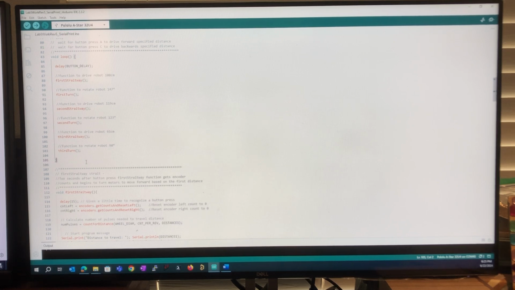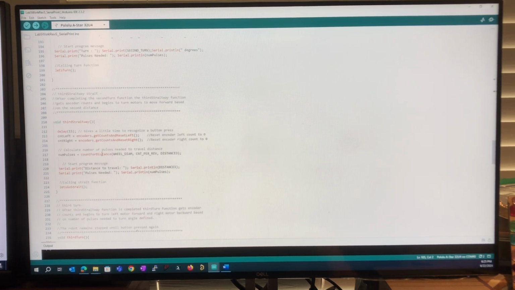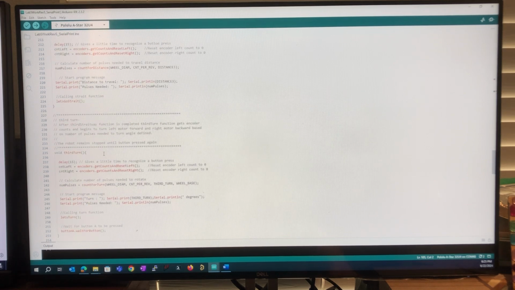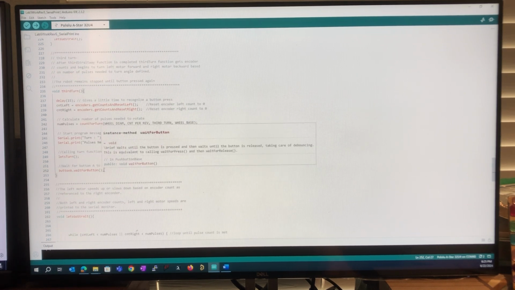The first turn, second turn, third turn are all the same except for the angle they have to turn. However, third turn just has one extra thing added to it. Once it's done, it will stay where it's at until button A is pressed again. It won't go into the next function in the void loop until the button's pressed again.